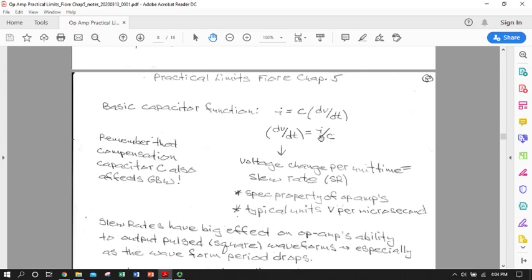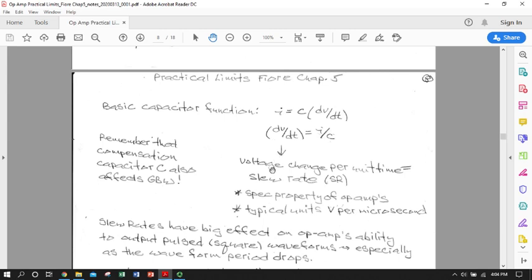It's not hard to imagine, given that we already know that quite often our op-amp output current, for instance, is limited to 20 milliamps, that there are other portions of the circuit that have a limited current, and we know that most of our frequency response characteristics of our op-amps are a function of that compensation capacitor. It's not hard to think that there's going to be some upper limit combination of current divided by the compensation capacitor that is going to limit the time rate of change of voltage that op-amp can faithfully reproduce.